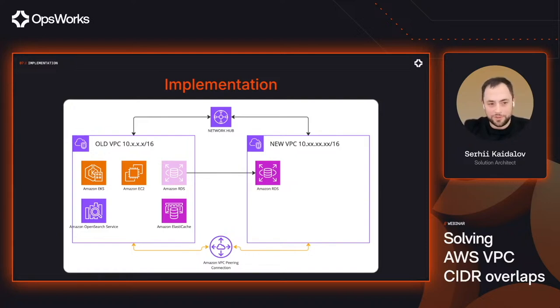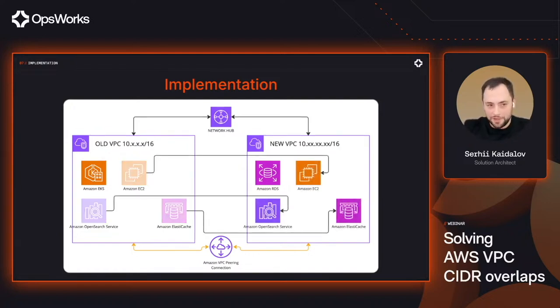After the migration of the database, migration of the other services was pretty simple. EC2 instances were just recreated from AMI images, from snapshots, because we have all EC2 in redundant mode. So we just shut down one, create an image, move it, change the DNS, and one by one all EC2 instances migrated during off-business hours. Elasticsearch was basically the same setup.